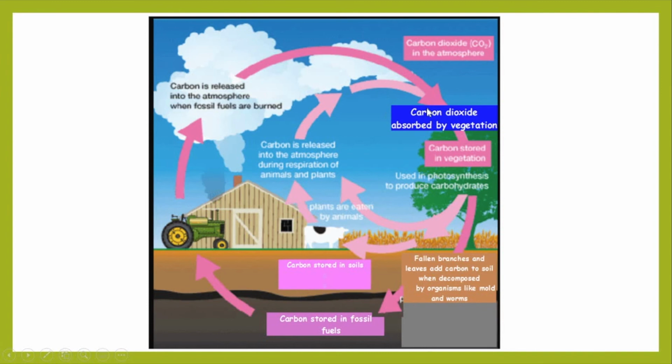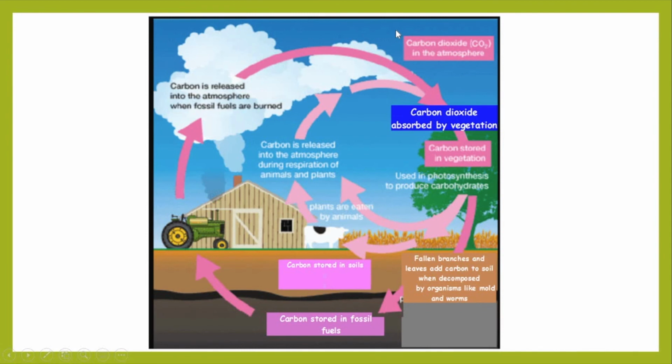So if we cut down the trees, there's now no vegetation to do this crucial bit, to absorb the carbon dioxide from the atmosphere. So if there's no trees absorbing CO2 from the atmosphere, it's all just left floating around in the atmosphere.